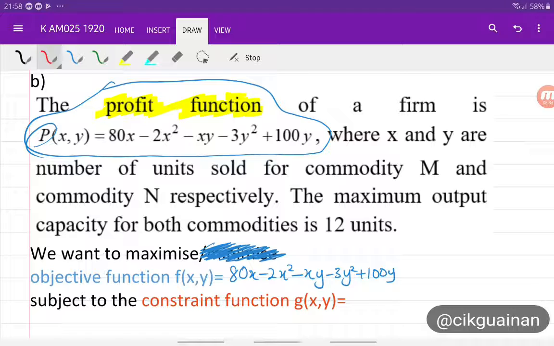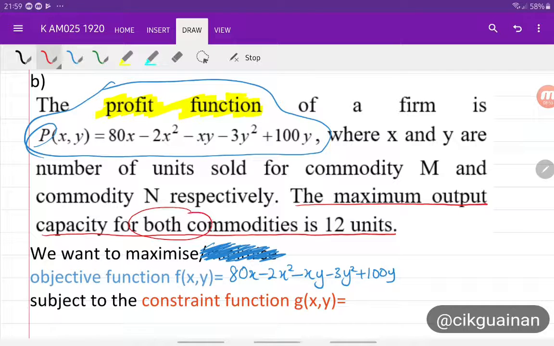So we must have a certain constraint. We can get the constraint from this sentence: the maximum output capacity for both commodities is 12 units.